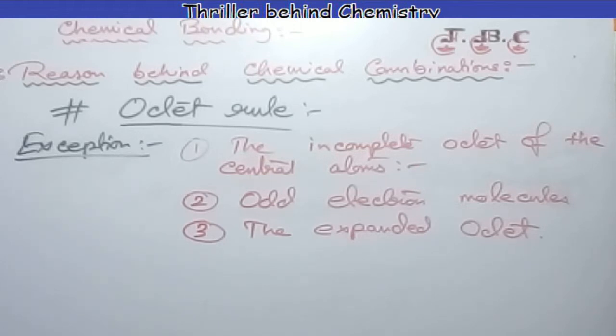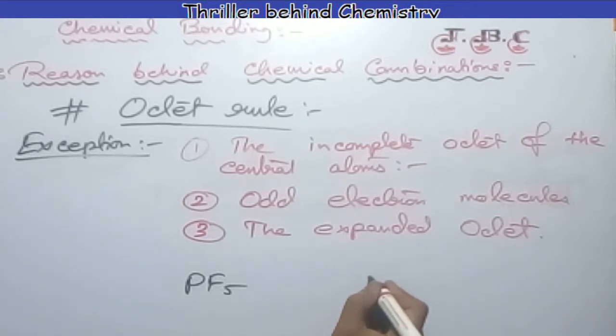For example, PF5. Phosphorus has 5 valence electrons, and phosphorus can make 5 individual bonds with 5 fluorine because of the availability of the 3d orbitals.